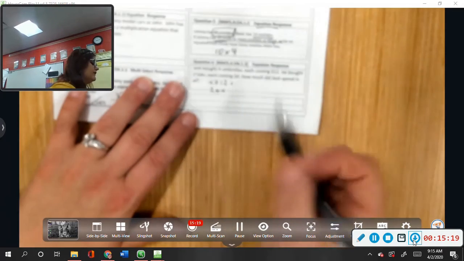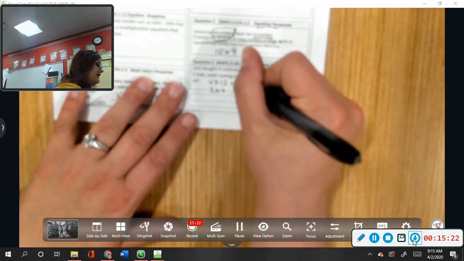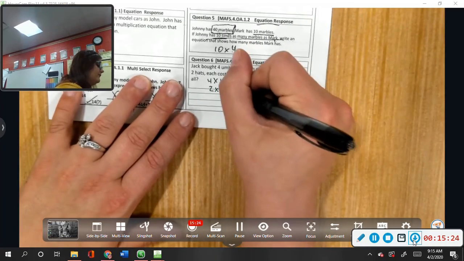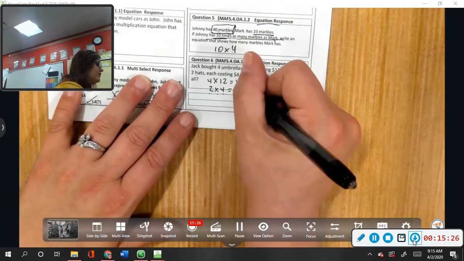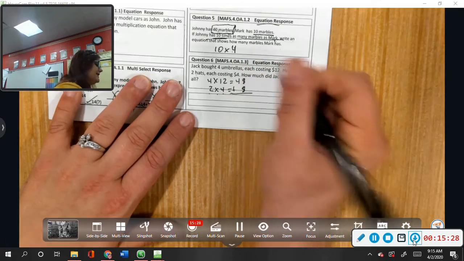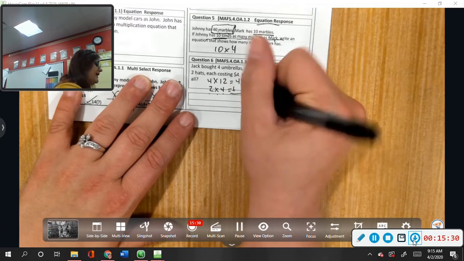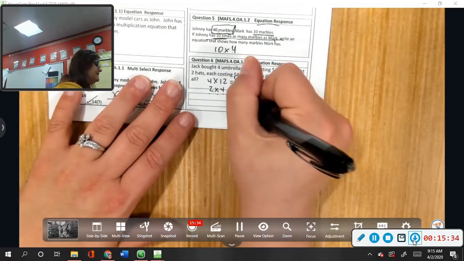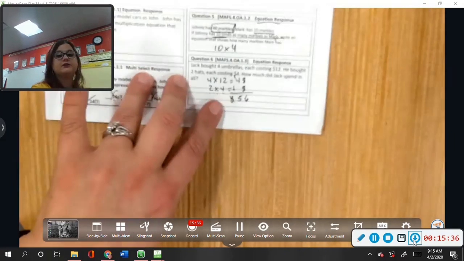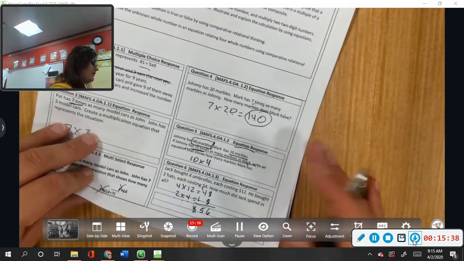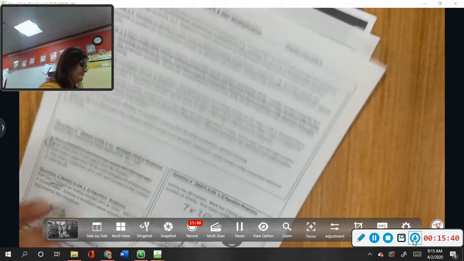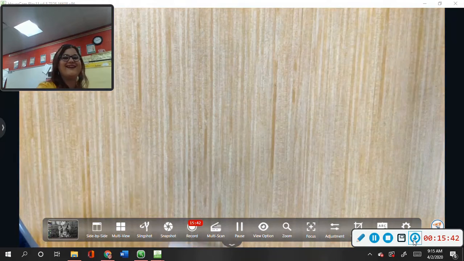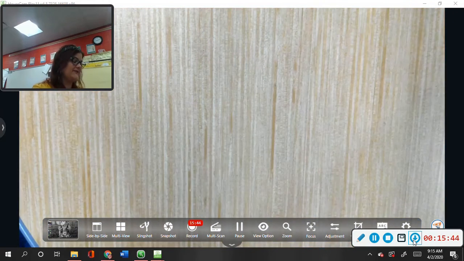So 12 times 4, 4 times 2 is 8, 4 times 1 is 4, and then we have 2 times 4, which is 8, and we can just add those products together. 8 plus 8 is 16, carry the 1, 56. He spent $56. Make sure you put that dollar sign if you're talking about money.